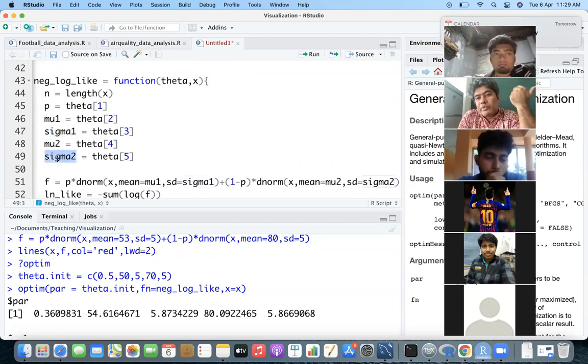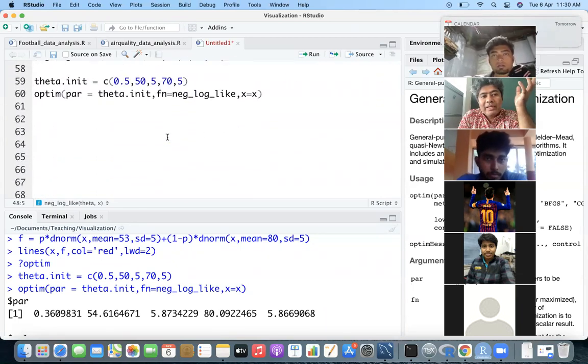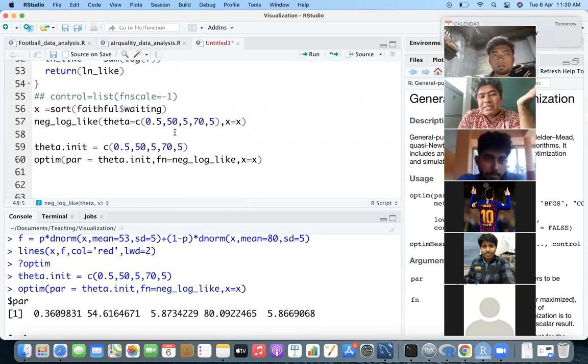Sigma 2 also has a support of 0 to infinity. So mu1, mu2 are okay. But P, sigma 1, sigma 2 are a problem. Okay. In such cases, most of the time here we have a sense of what could be the possible value of mu1, sigma 1, because it's a comparatively easy problem. But there will be a time when you will not have any clue what could be the possible value of the parameter.